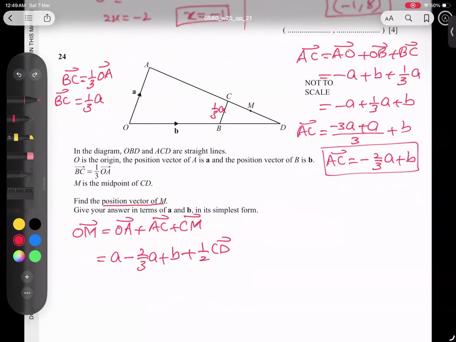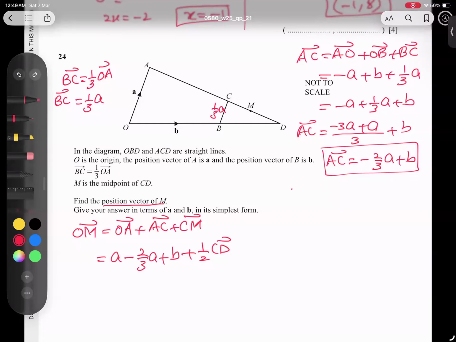So, let's try to do it. If we look carefully, students, we are focusing on this small triangle, and we are focusing on a big triangle, because we are dealing with similarity. So first of all, if you look carefully, what is the ratio of this and this?